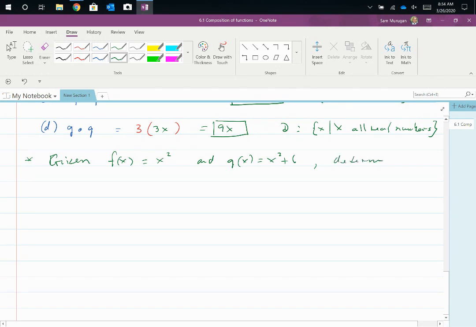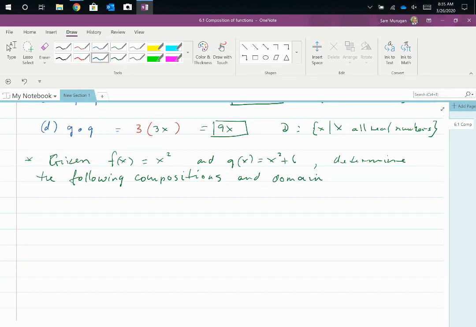Determine the following compositions and domain.